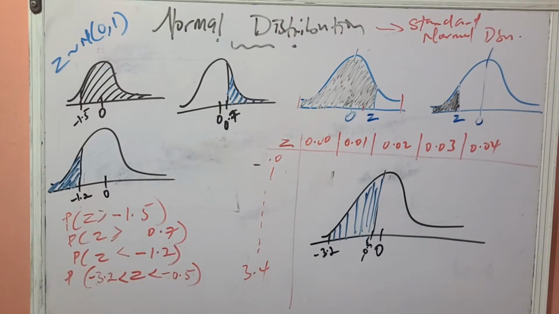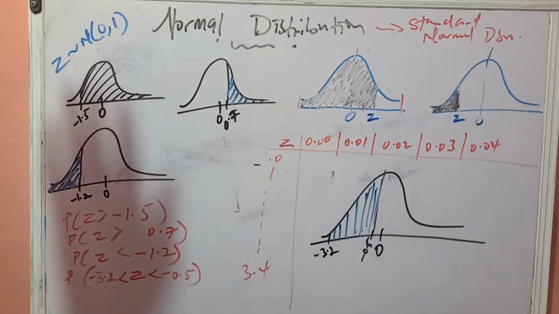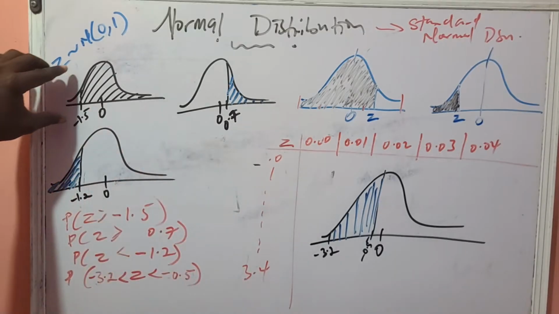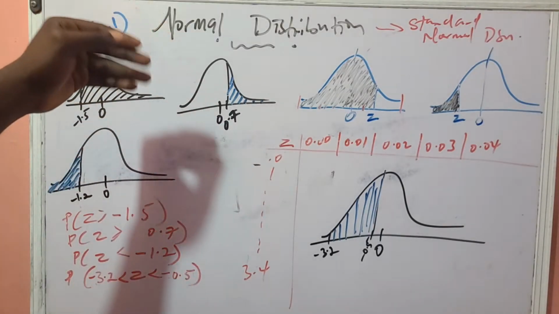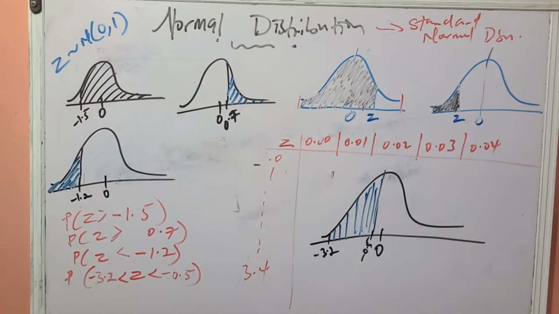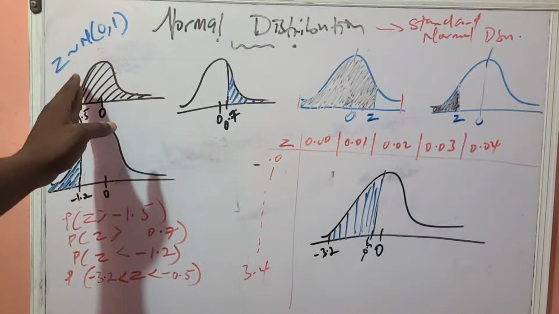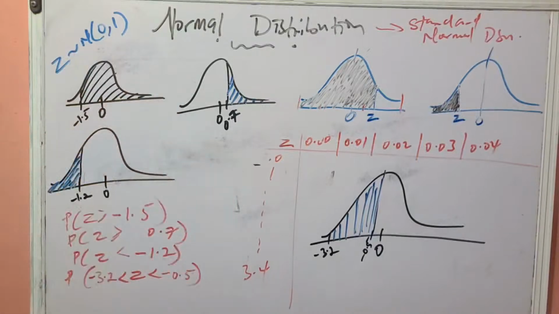The first thing you want to see is, where's the area of interest? What are you looking for? Look at it right here. So I'm interested in all these areas, because I told you already, your Z curve deals with areas. All those figures within the Z table are all areas, or you can say they are all probabilities. The probability that Z is greater than minus 1.5, this is the area of interest.